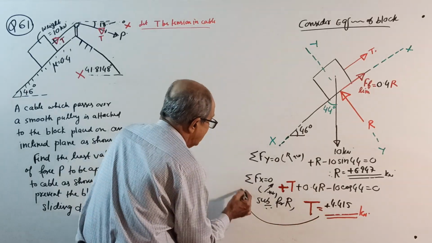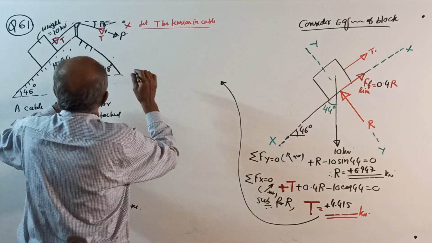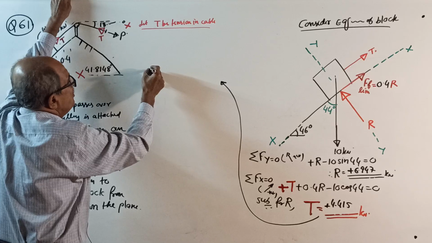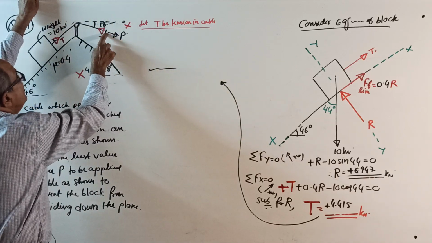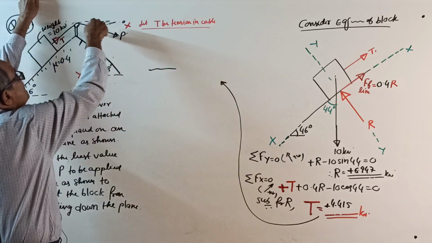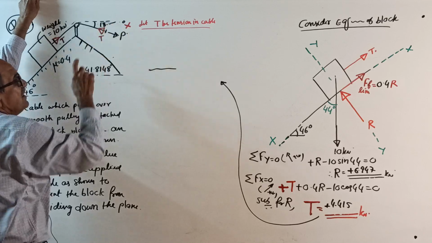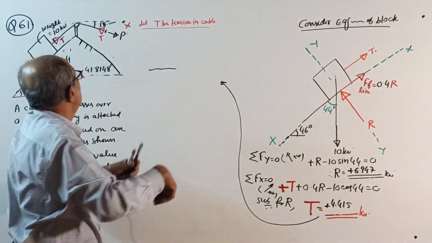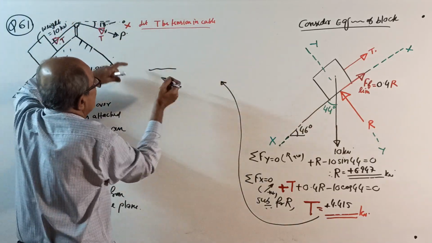Once you get here, you write the answer. When you consider the cable here, what I am saying is right. When you apply the force P here, this cable will be in tension. These are collinear. Irrespective of that 18 point something, the given angle does not matter. If you apply a force P this way, the cable tension is T, right?